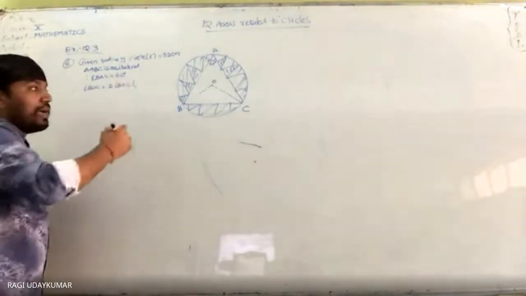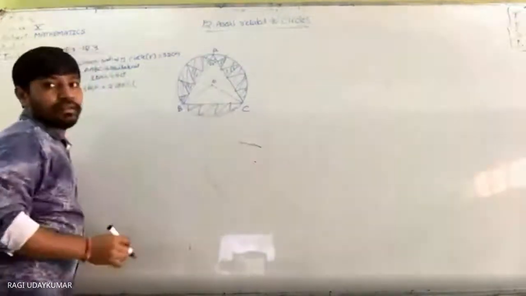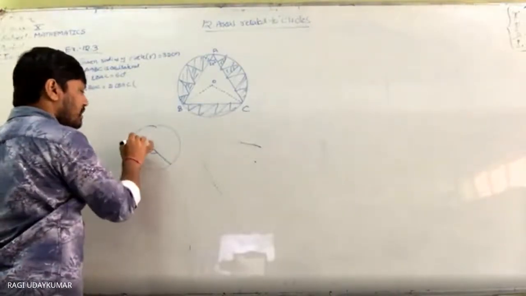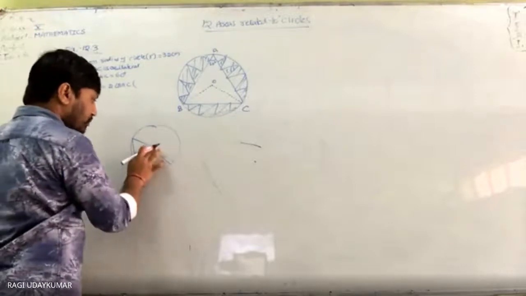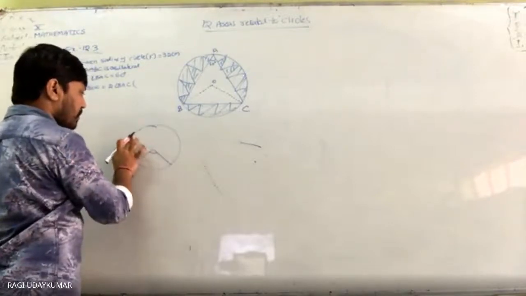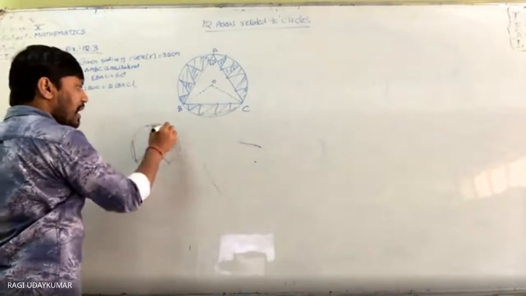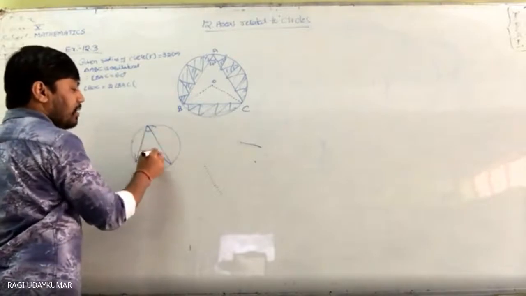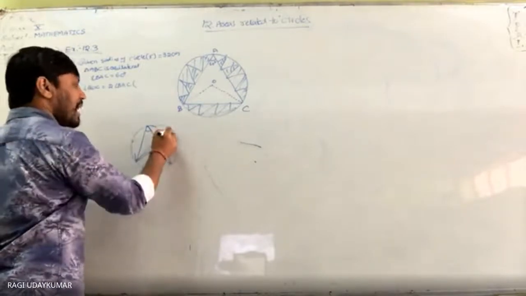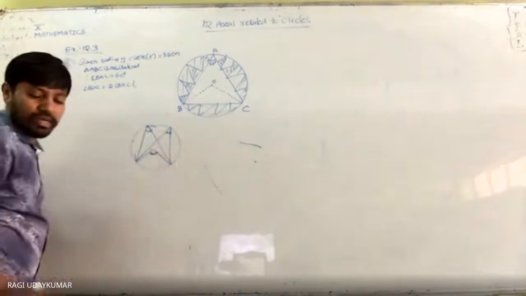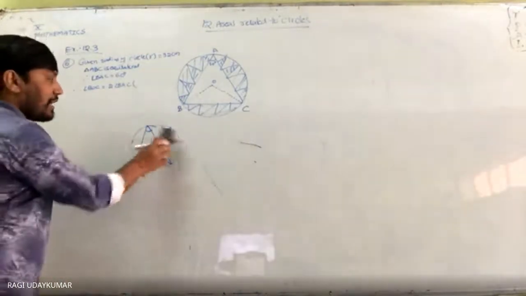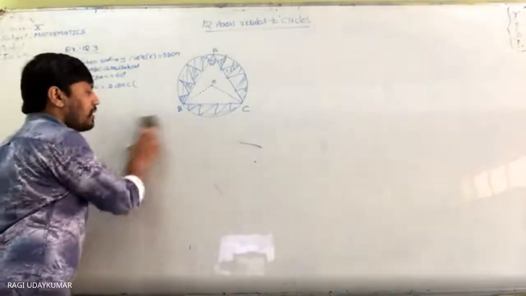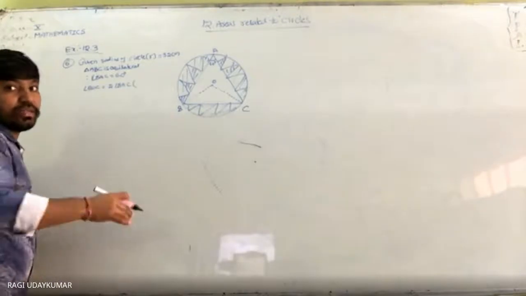Any point you take on the circle, on the right side, anywhere you take the point here or here, this angle will be double that angle, and these angles will be equal. In 9th class you will learn that angles in the same segment are equal, and the angle made by an arc at the center is double the angle in its alternate segment.